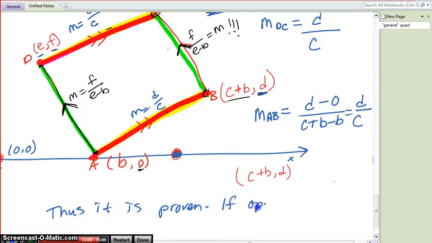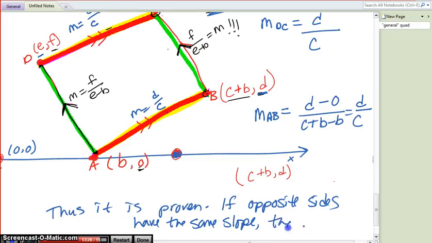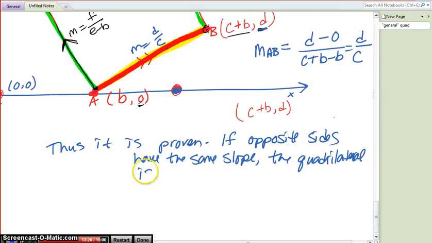If opposite sides have the same slope, the quadrilateral is a parallelogram.